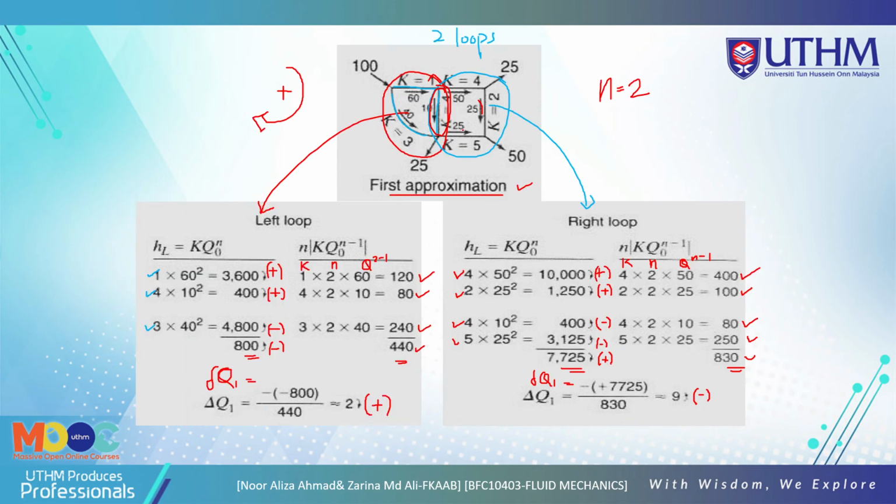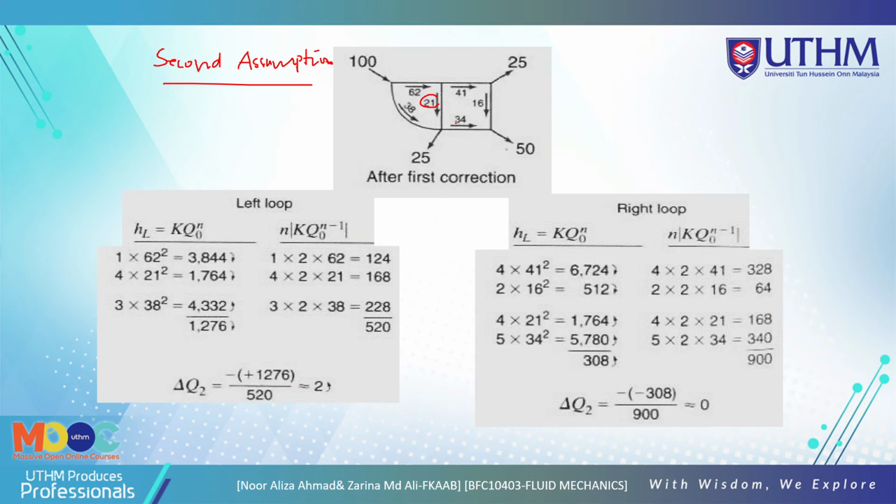For the 25 that is negative anti-clockwise, with the negative here, you get 34.